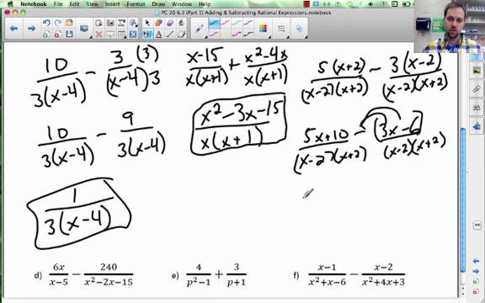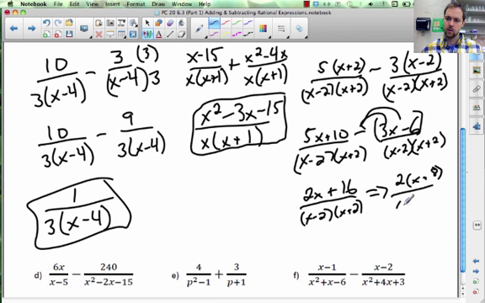So 5x minus 3x will leave us with 2x. And 10 minus negative 6 will leave us with positive 16 over x minus 2 times x plus 2. And of course, if you wanted to, you could factor the numerator as 2 times x plus 8. Won't really get us anywhere, but there you go. It's in the most simplified form right there.